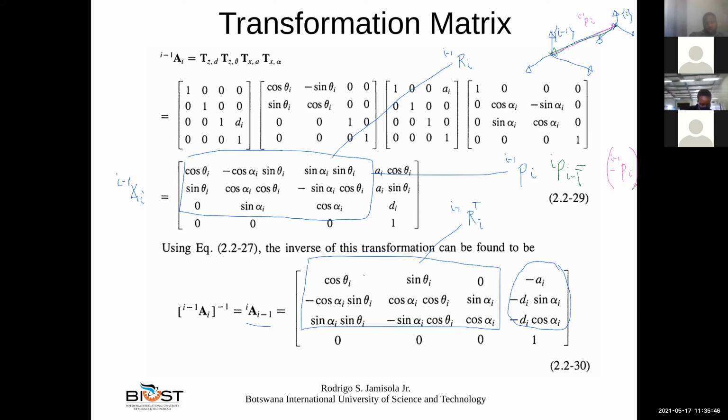And now, because we need to change the reference frame, you have to express it from frame I-1 into frame I. So now you need to change the rotation into frame I. So that's what's happening here. First of all, there's a negative, so everything becomes negative. And now the p_i is multiplied by the transpose of that rotation.